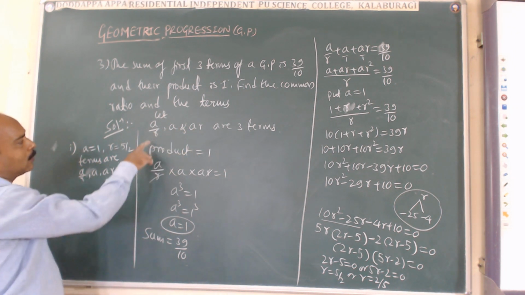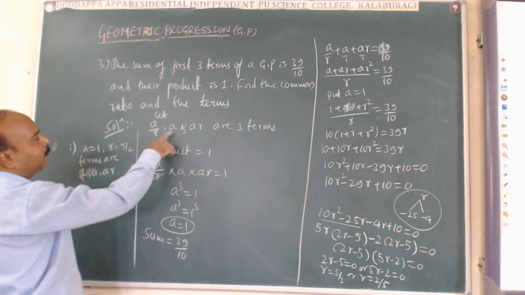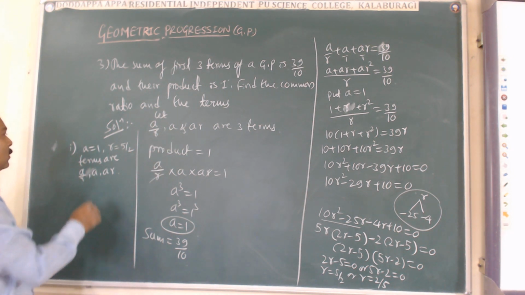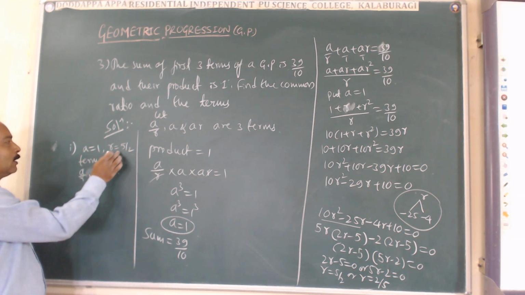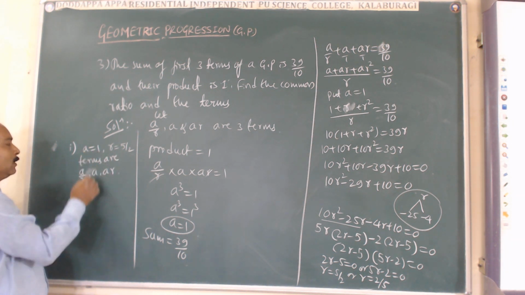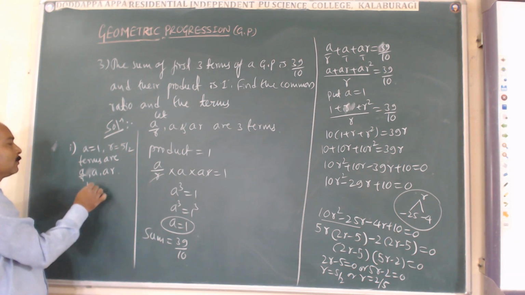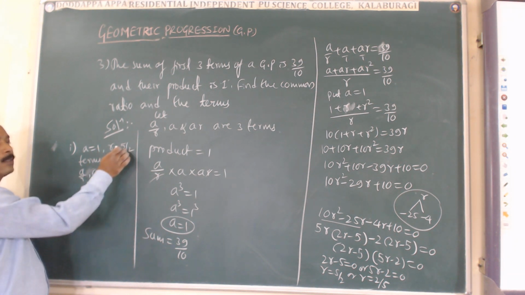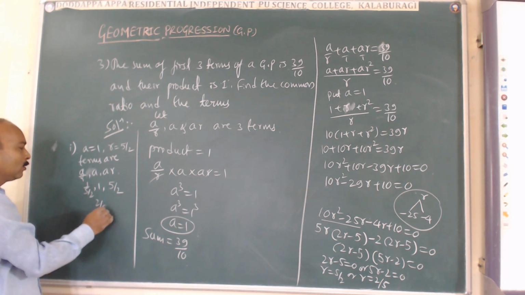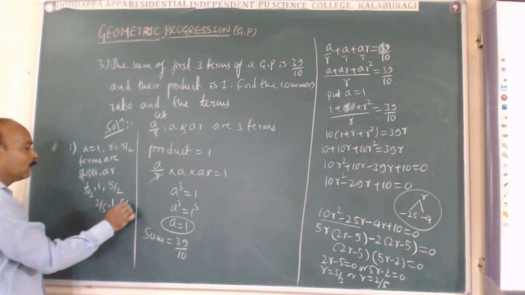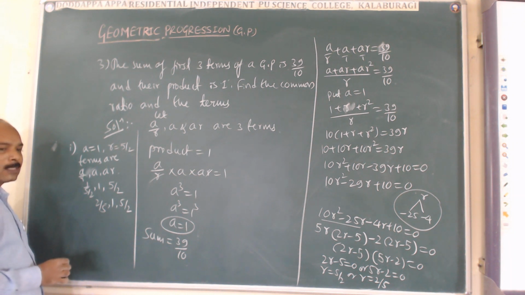We consider the terms as these three, a by r, a and ar. Substitute now a value is 1 and r equal to 5 by 2 in this. We get first a by r, that means 1 by 5 by 2. A is 1. ar means 5 by 2. Then the numbers are 2 by 5, 1 and 5 by 2. It is the first answer.